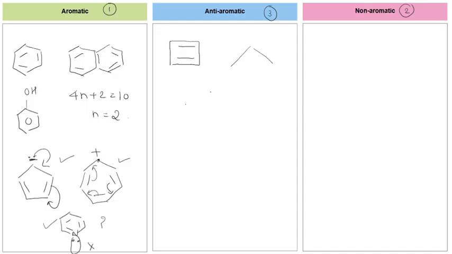So let's take an example of a carbanion like we had earlier, right? Now I'm taking a 7-membered ring with a negative charge because it has to be anti, right? So 2, 4, 6, 8, multiple of 4, so anti-aromatic. And same way I can take positive for this. Sorry. So let me redraw this 5-membered ring. So now positive charge, 2, 4, multiple of 4, so anti-aromatic in nature.